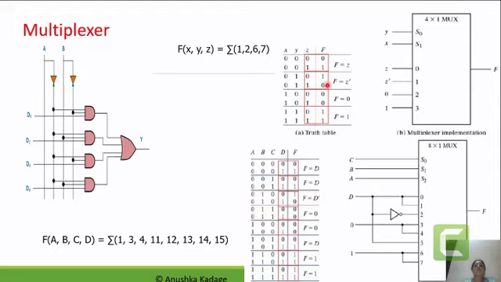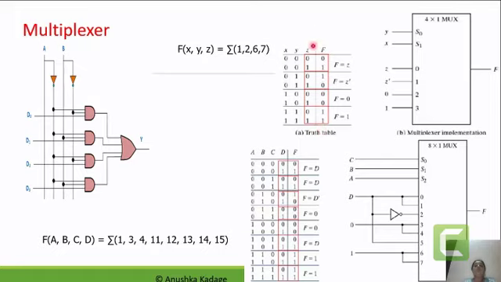So in this truth table, the first, second, sixth and seventh min terms we have marked as a 1 value for the function output, while all other min terms, as they are absent in this function, we are marking as 0.